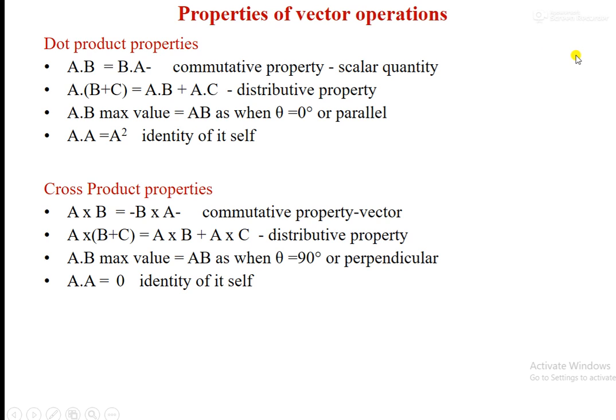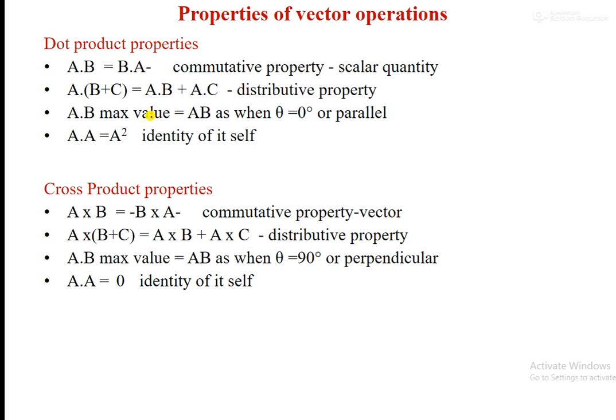And we'll come to the last topic, called properties of vector operations. Some of the properties we've already seen. The dot product properties: a dot b is equal to b dot a, because it's a scalar value, so it doesn't depend on direction. It's called the commutative property. Similarly, a dot (b plus c) is equal to a dot b plus a dot c, the distributive law.